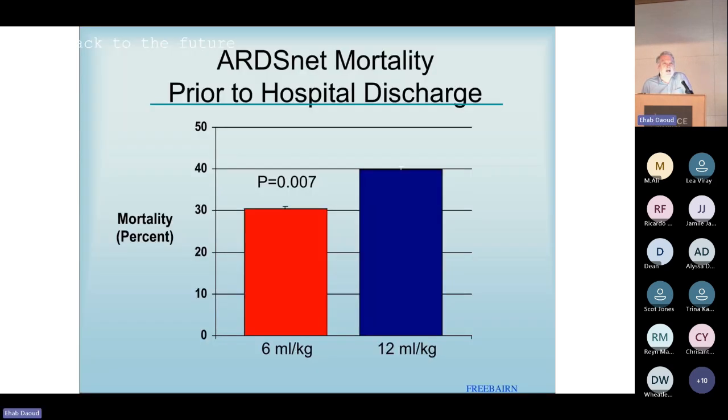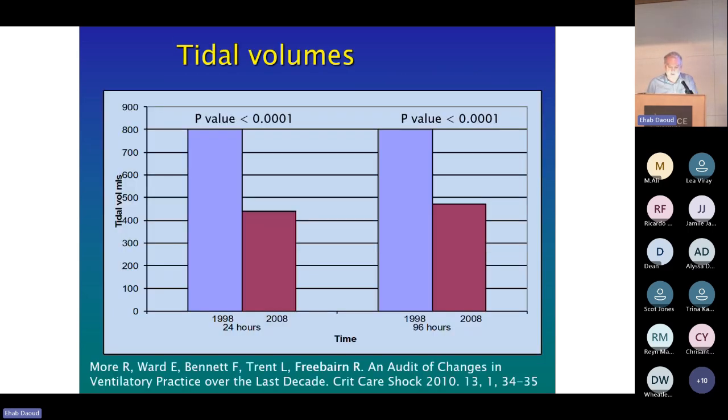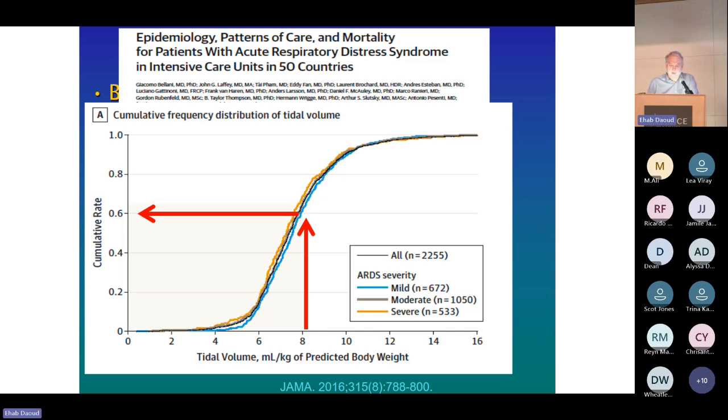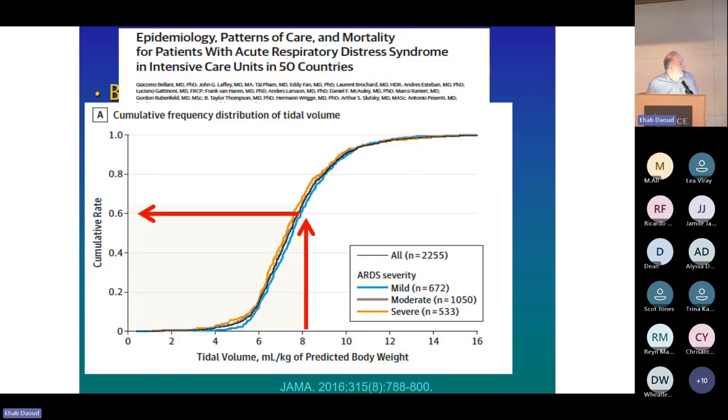Of course, in 1998, the ARDSnet study was published, which showed a clear difference when lower tidal volumes rather than higher ones were used. This was quite easy to implement. In our unit, we managed to drop our tidal volumes from about 800 mils to 420 mils over a period of time. But unfortunately, that's not been the experience worldwide.